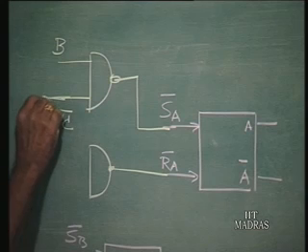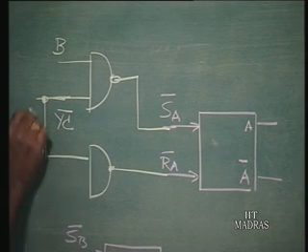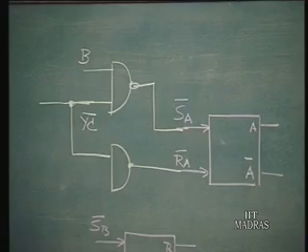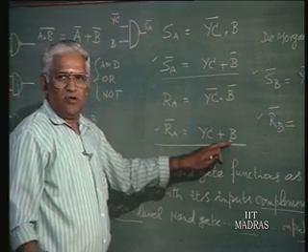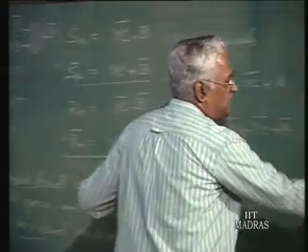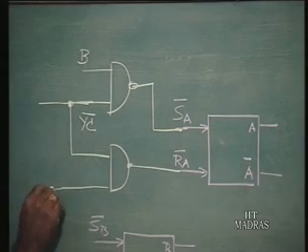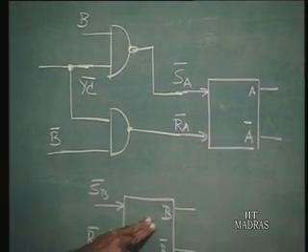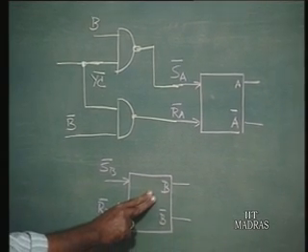So, the same YC bar we can give here too, YC bar, and the other input also must be complemented, B, which means B bar. So, we must have B bar here. Where do we have B and B bar? We know that we have got it from this element, right.